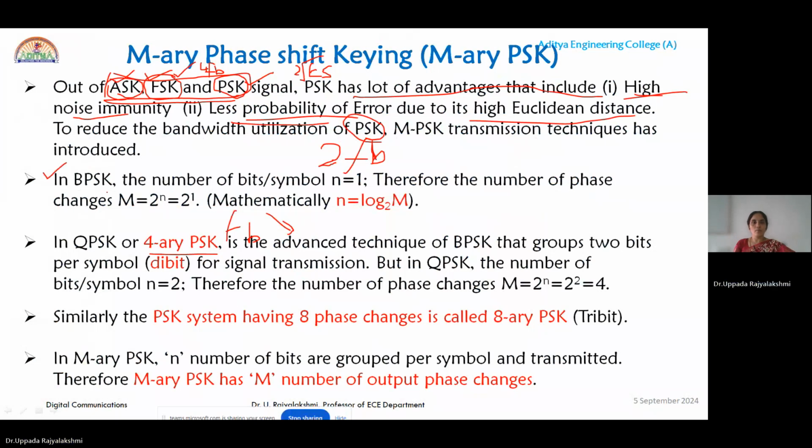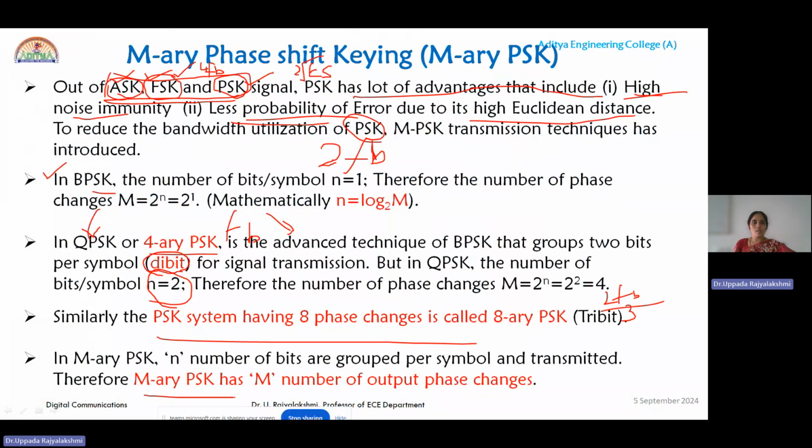When compared to BPSK, QPSK has less bandwidth, and at the same time you are transmitting 2 bits at a time, grouping 2 bits per symbol. That's why it is called dibit. Similarly, a PSK system having 8 phase changes is called 8-ary PSK, where 3 bits are grouped per symbol. So the bandwidth will be 2FP by N, that is, 2FP by 3 for 8-ary PSK.